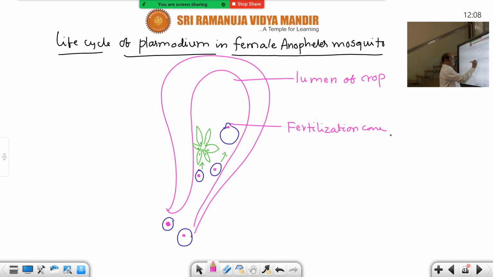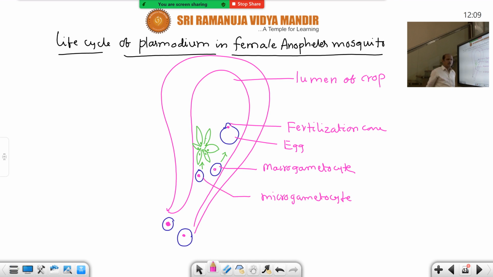This is the macrogametocyte. The microgametocyte. Of course, here labeling towards the right side is not possible. Always, when you draw any diagram, not only this, any diagram, you have to keep the labeling on the right side of the diagram.